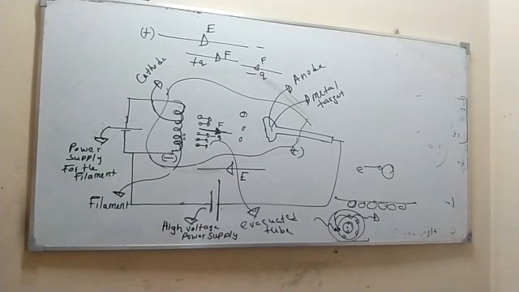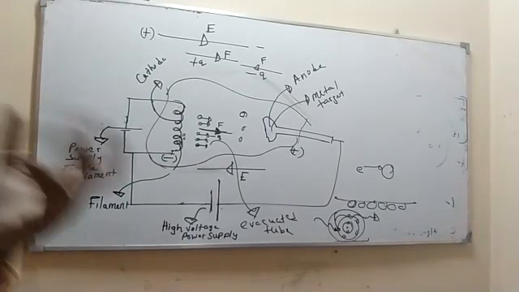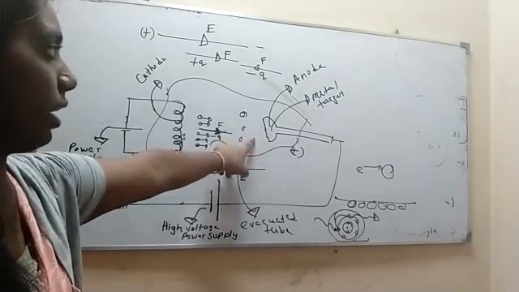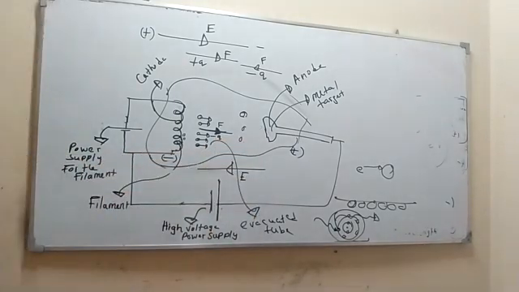Normally we use tungsten or molybdenum to make the anode target, in order to prevent melting. If we use some other metals, due to the high energy the target might melt. In order to avoid that, we use high melting point metals such as tungsten or molybdenum.